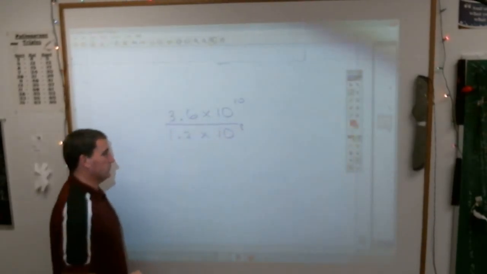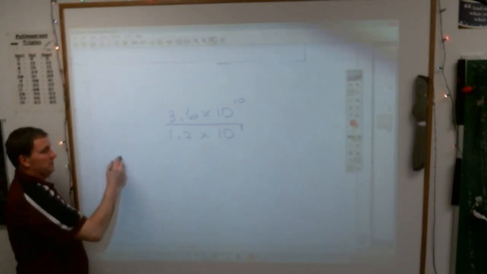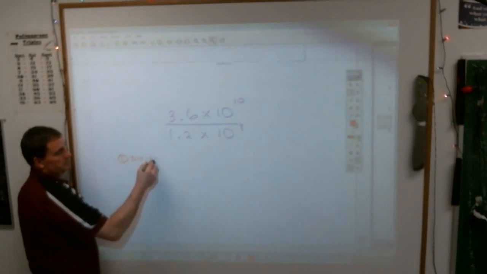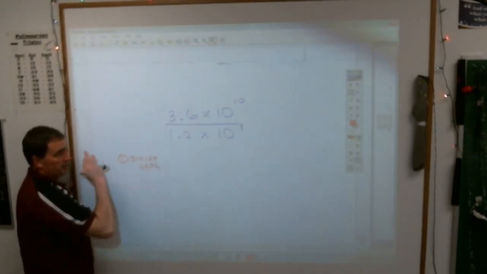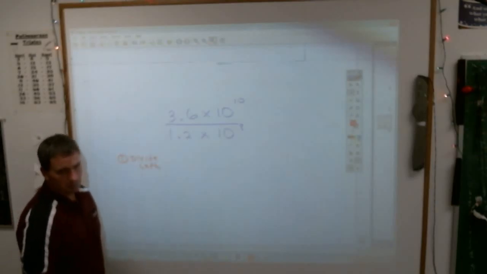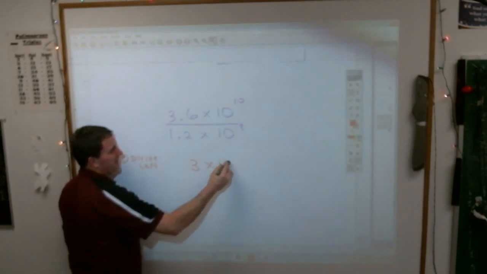You can probably guess what I'm going to say about how to do this because it's very similar to multiplication. You do the same thing. You need to divide the left side. Anybody want to help me out on what 3.6 divided by 1.2 is? Should be able to kind of do that. Stupert? 3. Write down your times 10.